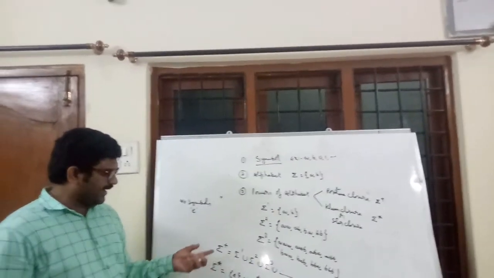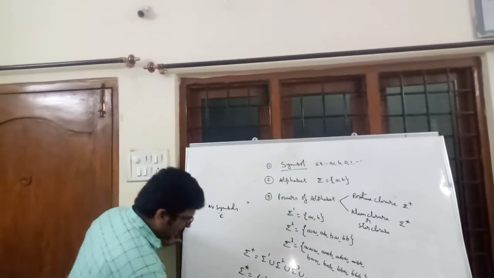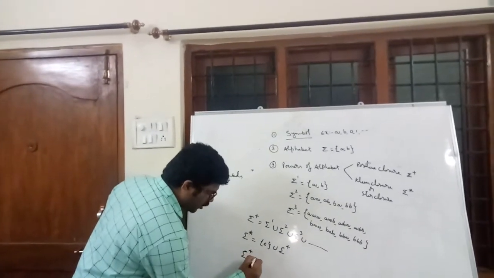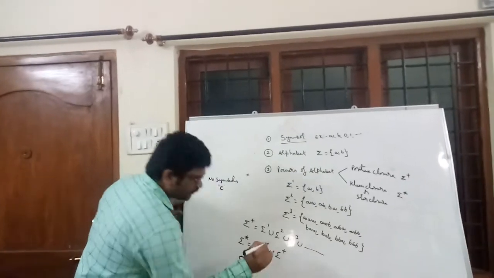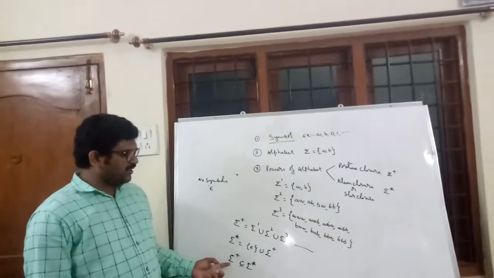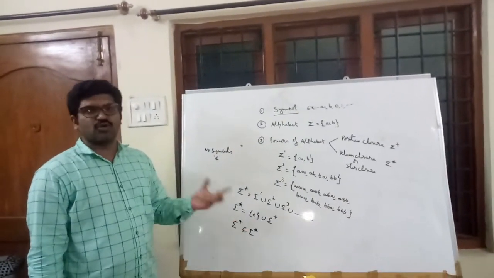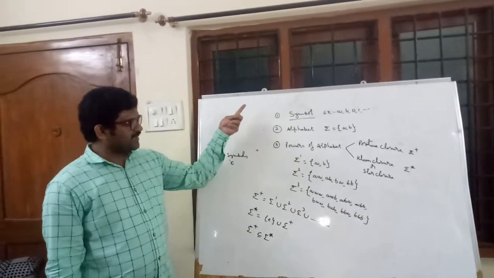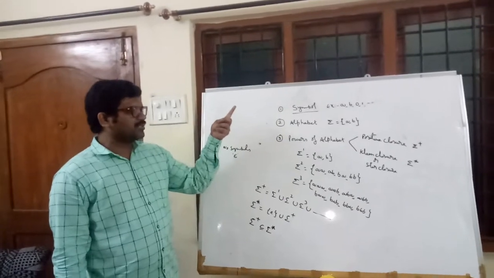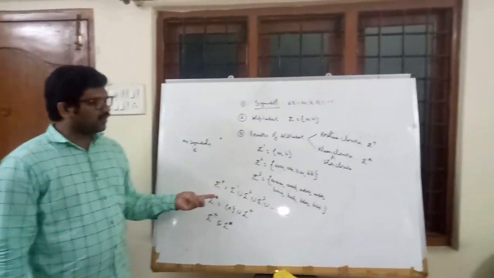So that's the reason I can say that sigma plus, my positive closure, is always a subset of sigma star. So positive closure is always a subset of Kleene closure. So that's what powers of alphabet. So we discussed what is symbol, what is alphabet, and what is powers of alphabet. We discussed all these three.